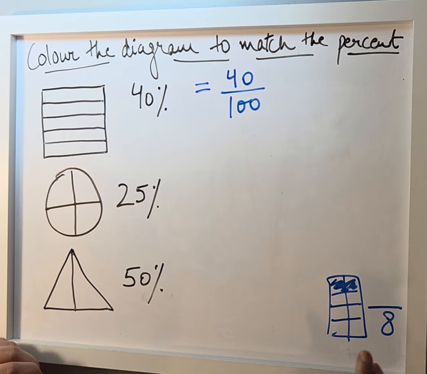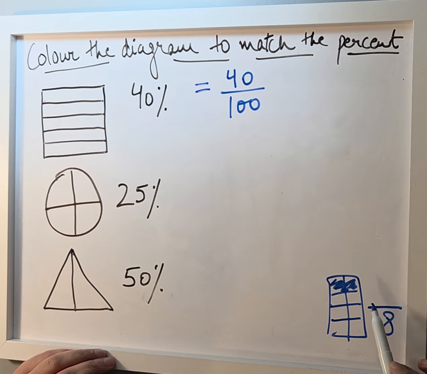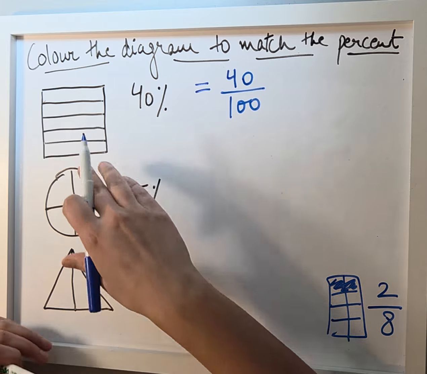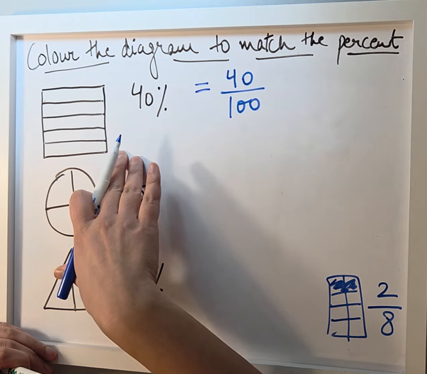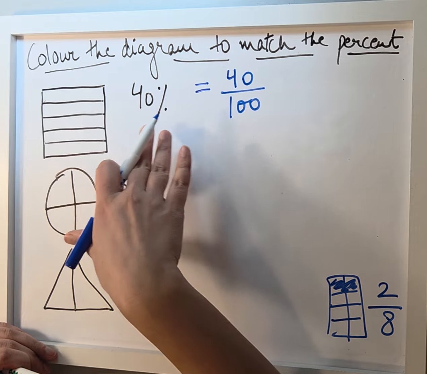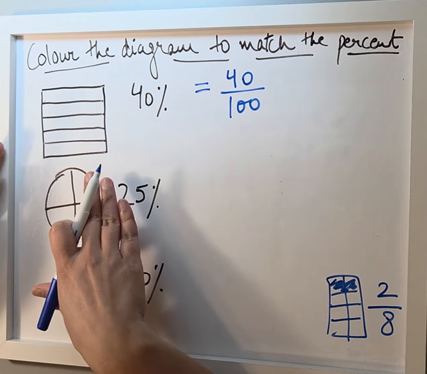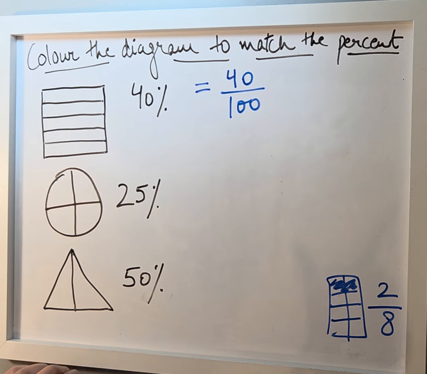It always has to be equal. So if we are taking two parts out of it, we represent it as 2 by 8. Similarly, whenever we have to color the diagram, the percentage has to be presented in some sort of fraction to make it easy to color the diagram.